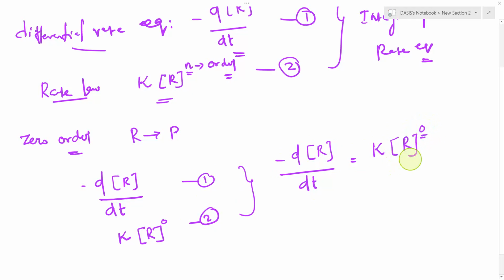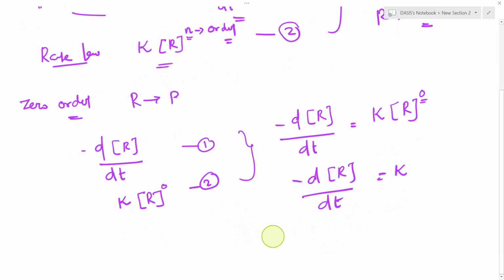Anything to the power of 0 is nothing but 1. So this can be written as minus dR by dt is equal to k. This equation can be written as dR, the concentration, is equal to minus k dt. Am I right? Now let us integrate on both sides.